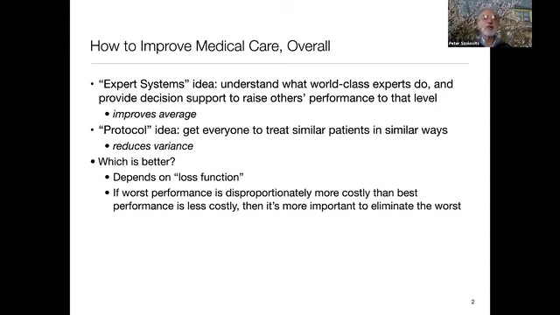So to make them more accurate diagnosticians, more efficient therapists, etc. And the goal here was really to bring up the average performance of everybody in the healthcare system. So we used to say things like, bring everybody practicing medicine closer to the level of practice of the world-class experts.